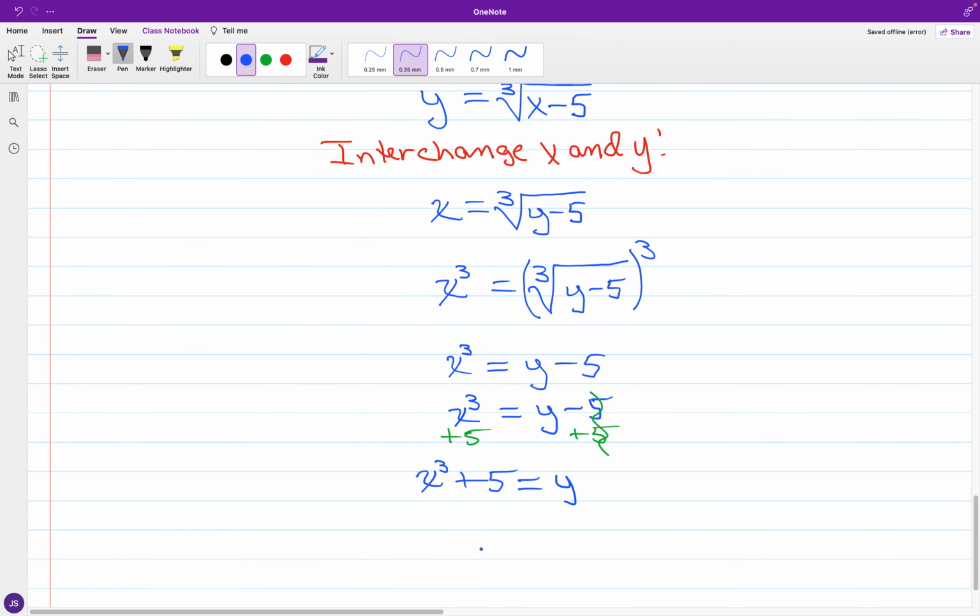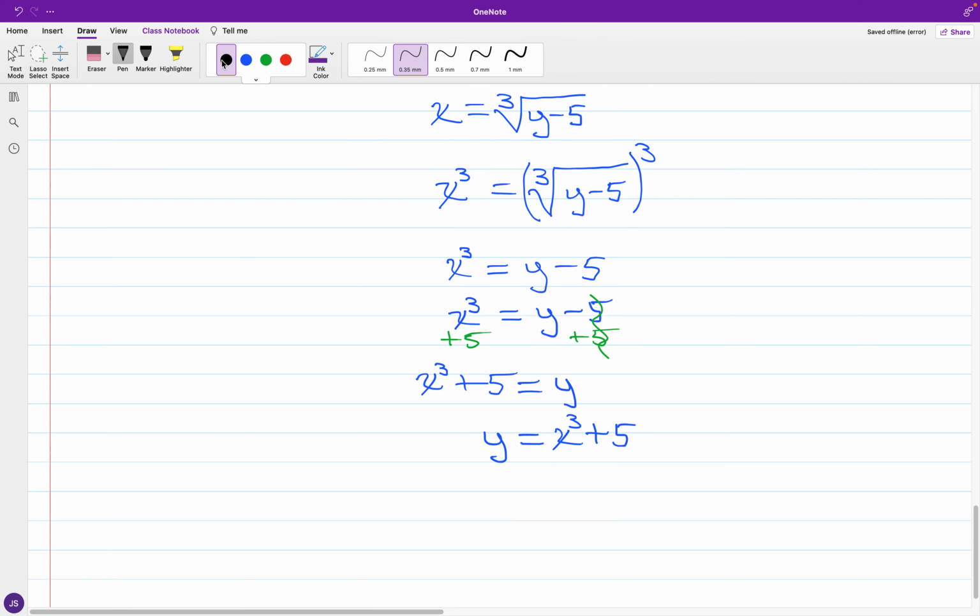Switching the order, we have that y is equal to x cubed plus 5, and this is the inverse. So the inverse of h of x is equal to x cubed plus 5.